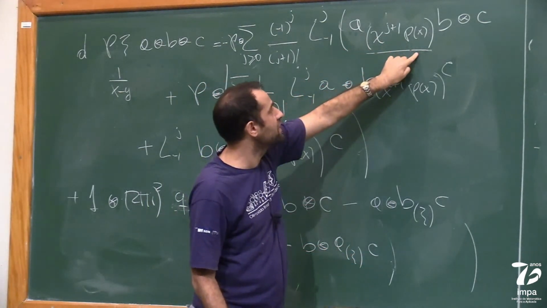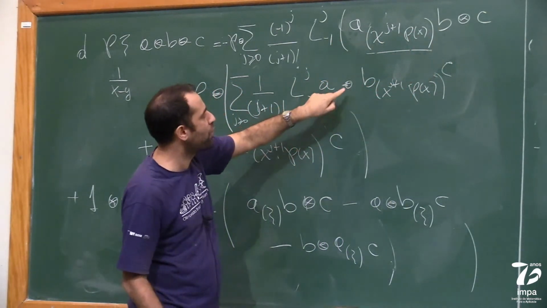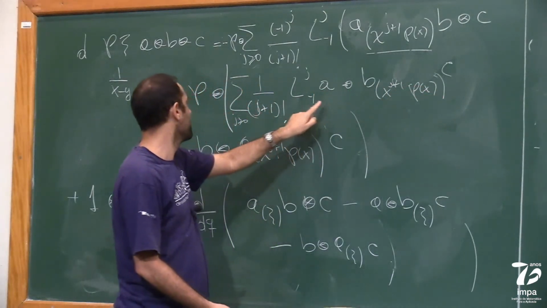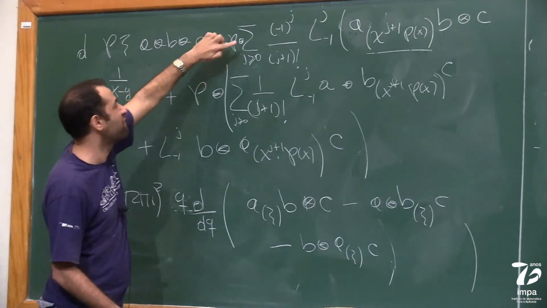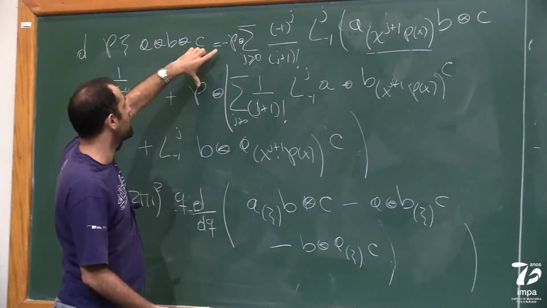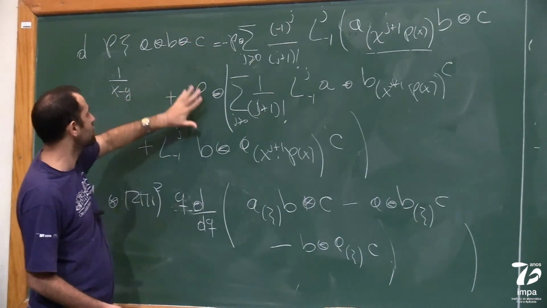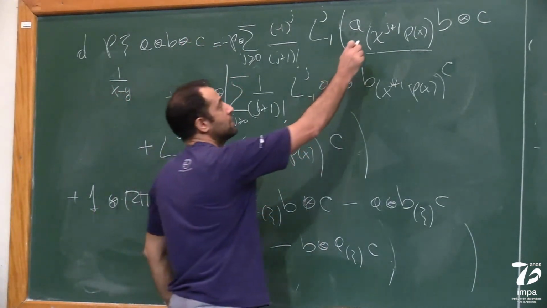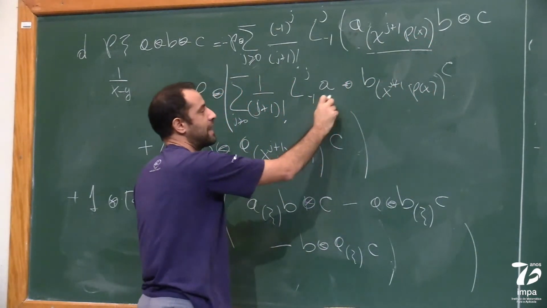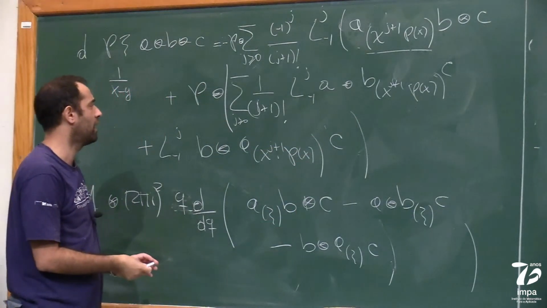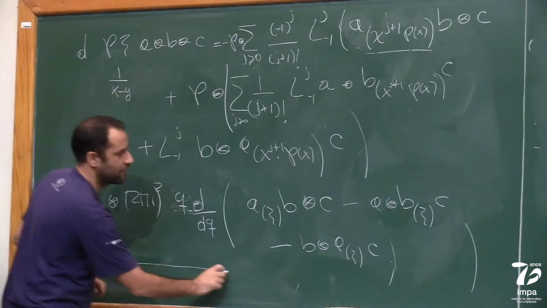So the first term in this product is A times B, tensor C. And the first term in this product is B times C, tensor A. So these are the things that already appeared when I took the associated graded. So if you look at the first term of these two sums, this was the horizontal differential in that diagram that we had on this board. It is the p function times this, which is very simple, just A times B applied to C, and B times C applied to A, and then A tensor that. Okay. Now this piece here is new.